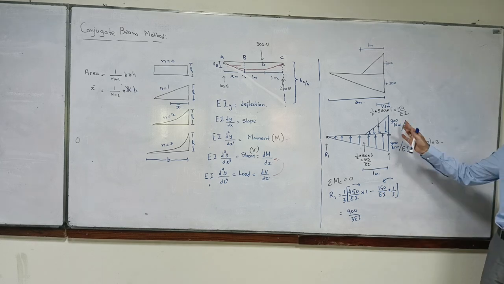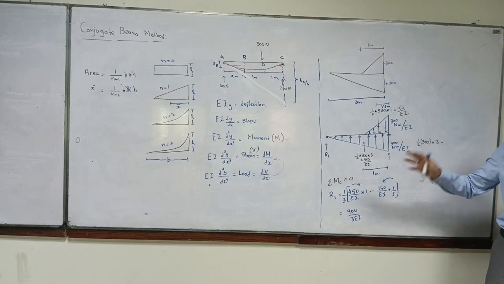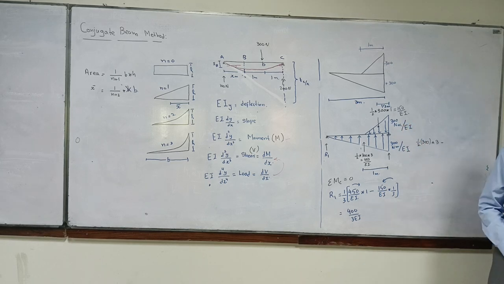This is not a tangential deviation. The moment area method rotation is the relative rotation between two tangents at two particular points. So this moment arm that you are taking, 450 over EI into 1. This is not 1, sir. It should be 2.